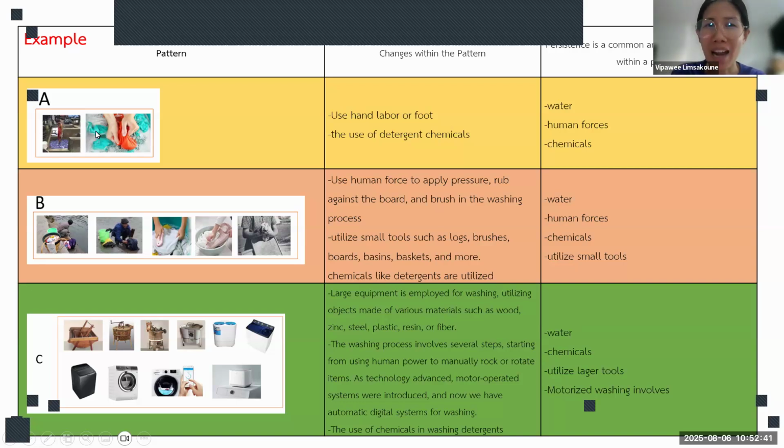Although they are in the same pattern, is there anything different? Is there any change? In this case, this representative picture is using hand, right? But the other picture is using another part of their body to wash the cloth. That's the difference within the same pattern.